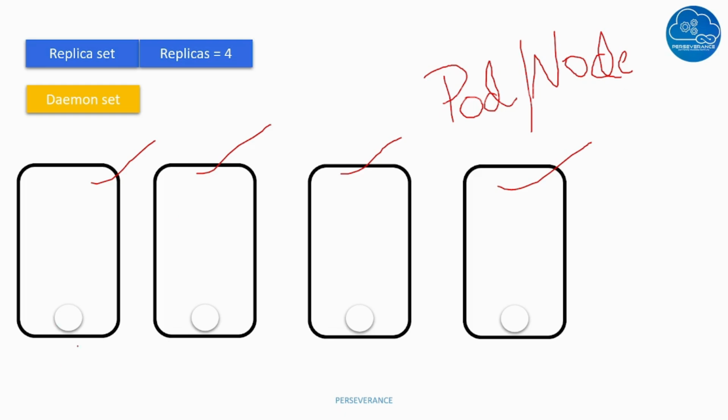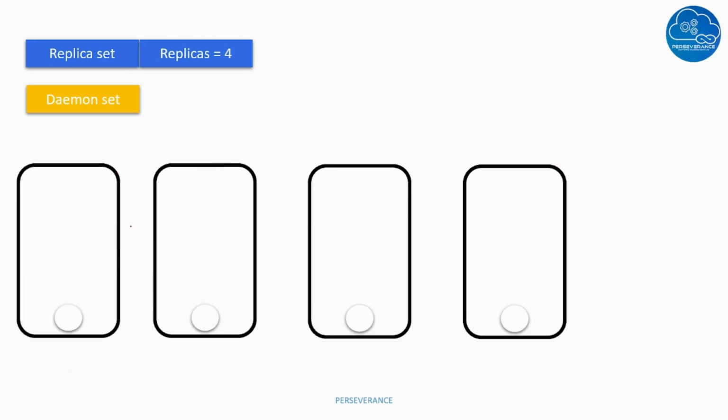In that context, we need to ensure that every worker node is deployed with a pod of that application. A daemon set fulfills this criteria of pod per node. If you define a daemon set, it will deploy pods on all available worker nodes in the strategy of pod per node.